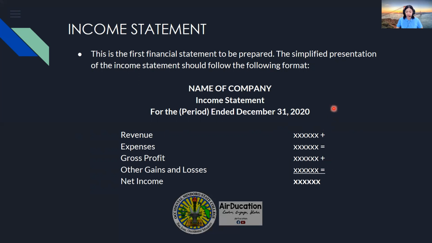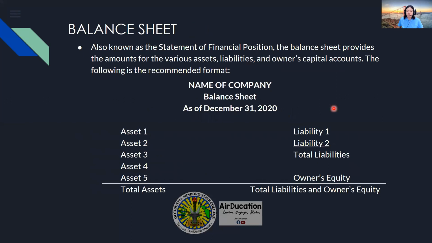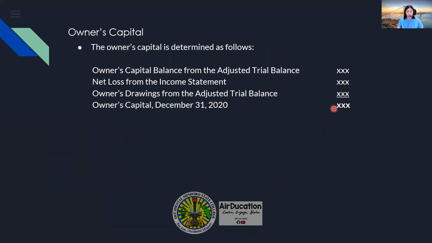Okay? Now, next. Balance sheet or otherwise known as the statement of financial position. Again, just like what I've said, illustrating it last week, the components of the balance sheet from the trial balance, again, the assets, liabilities, and owner's equity, but make sure to do first the other financial statements.